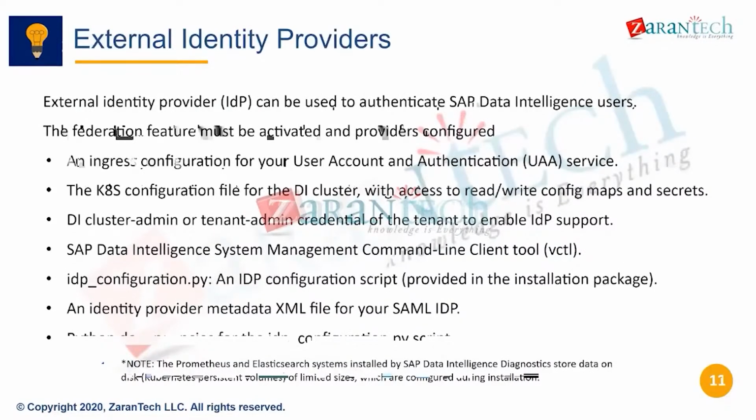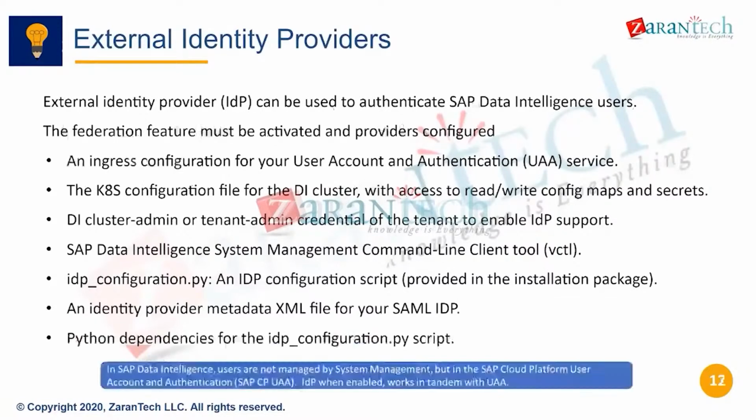Now, we have the external identity providers. What is happening here is the authentication mechanism we use for the on-premise system: during installation, we give a normal tenant administrator username and password, and another one for the system tenant and the system password.